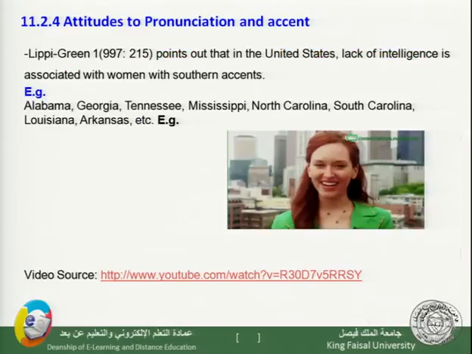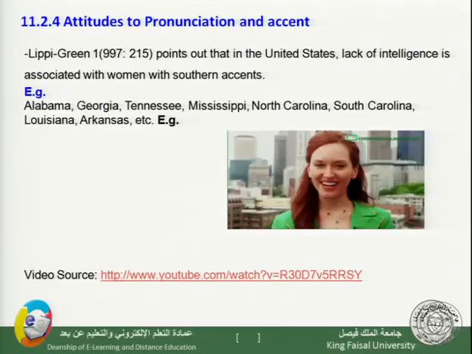The second point is the attitude to pronunciation and accent, where we have an example from Libby Green in 1997, who points out that in the United States, lack of intelligence is associated with women with southern accent.